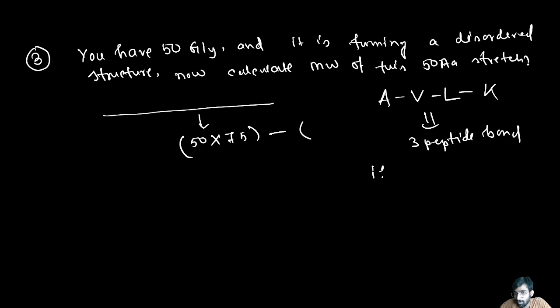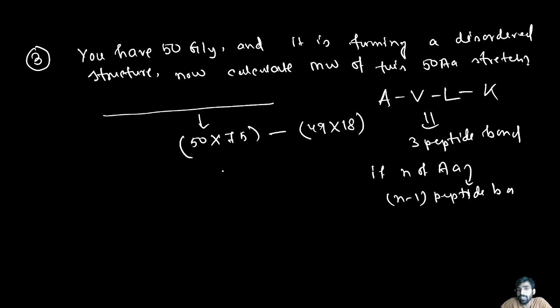That means if n amino acids are there, there will be n minus 1 peptide bonds. So here you have to subtract 49 peptide bonds into 18. If you do that, you can easily get the molecular weight of the 50 amino acid stretch, right?